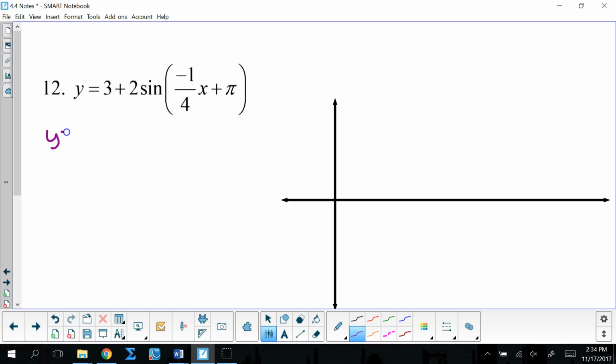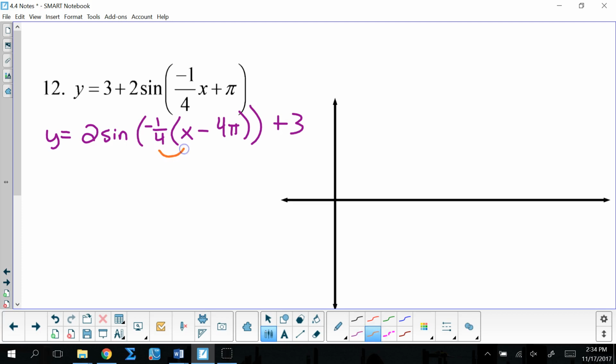So I would write this as y equals 2 times the sine of negative 1/4 times the quantity x minus 4 pi, plus 3. Okay. Just a quick check.